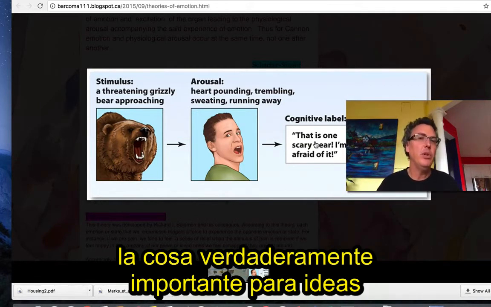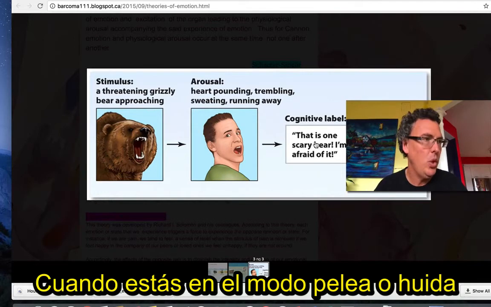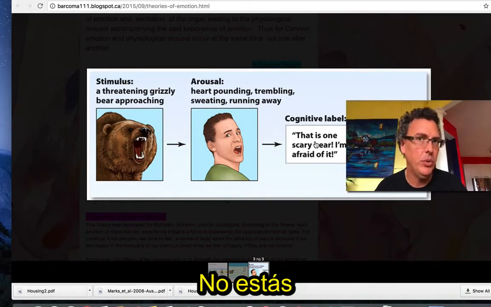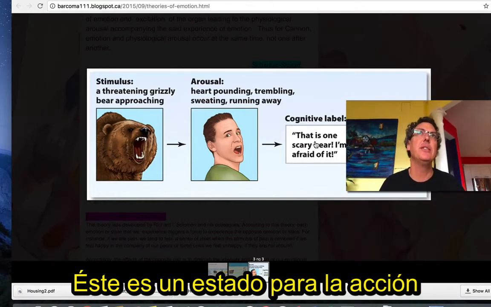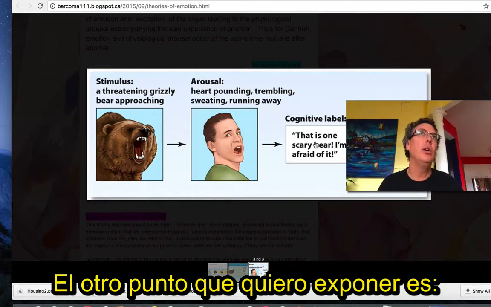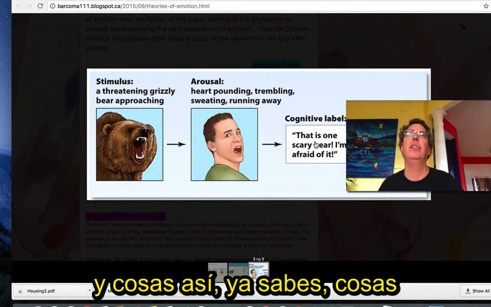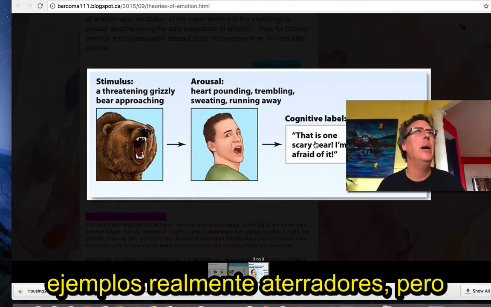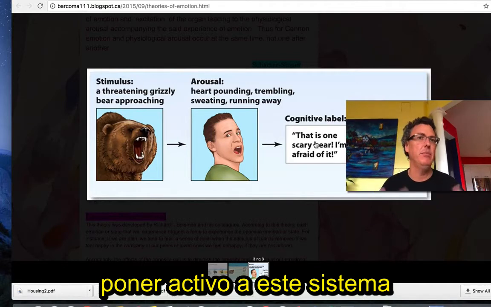I think the really important thing for classroom thoughts is this. When you're in fight or flee mode, you are not in a good state for learning. This is a state for action. And the other point I want to make is we use examples like bears, really scary examples, but any threat can make this system active.